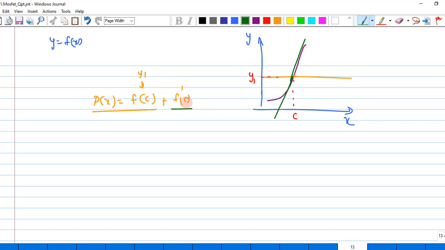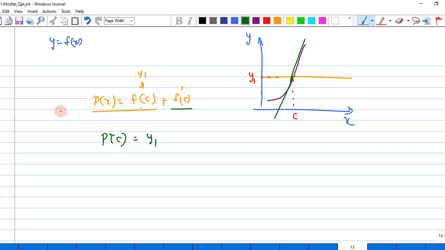But if I add this f prime directly, what would happen to the exact value at this particular spot? Does it get shifted, or will I get the same value? Say I'm trying to read a value of p of x exactly at c. I have to get y1. Will I get y1 with this kind of polynomial? Yes or no?